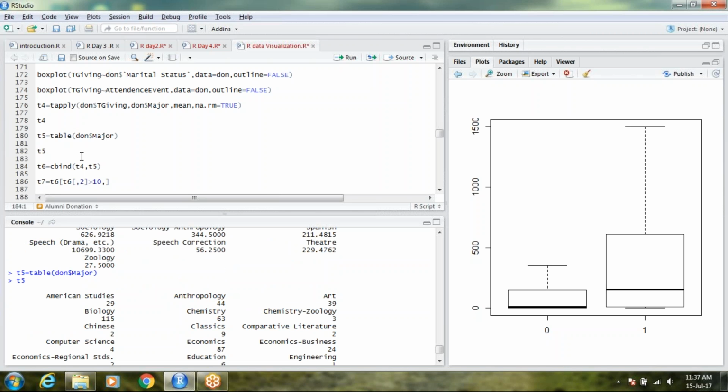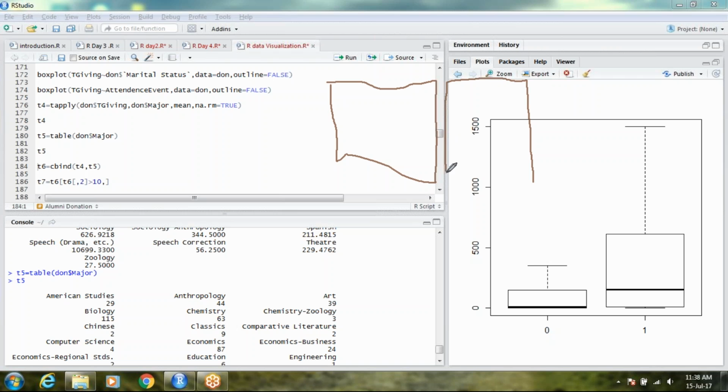For combining two data sets along the column, the command is cbind. What cbind does is, suppose I have one data set that looks like this. This is the data of one data set, and cbind adds both of them side by side.